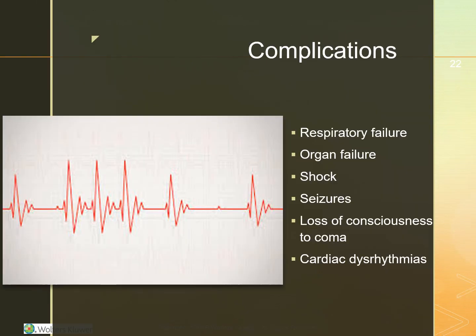Complications of acid-base imbalances can include, and this is not an all-inclusive list, these issues that are listed here: respiratory failure, organ failure, shock, seizures, loss of consciousness, all the way up to and including a coma, and cardiac dysrhythmias, all the way up to and including cardiac arrest.